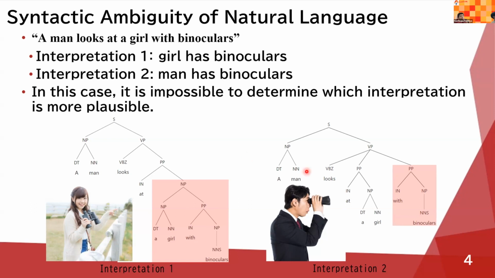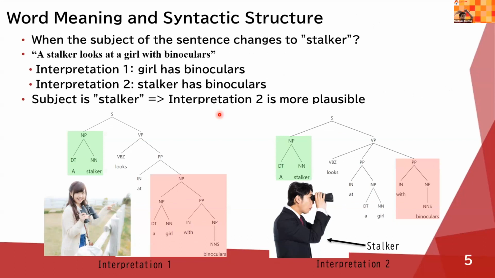But in this case, there is not enough information to distinguish which structure is more plausible, because a man or a girl is too general a term. But now let's consider if the subject of this sentence, a man, is changed to a stalker.